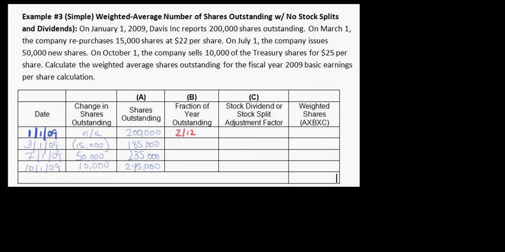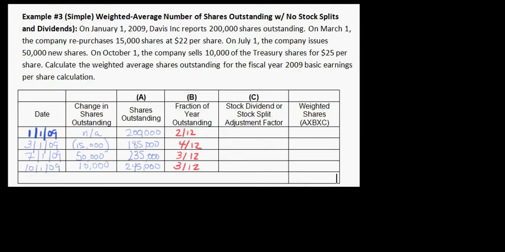That's all of March. That's 1. April, May, and June. So that's 4 out of 12 months. July, August, September, up to October 1. That's 3 out of 12. And October, November, December, that's another 3 out of 12.